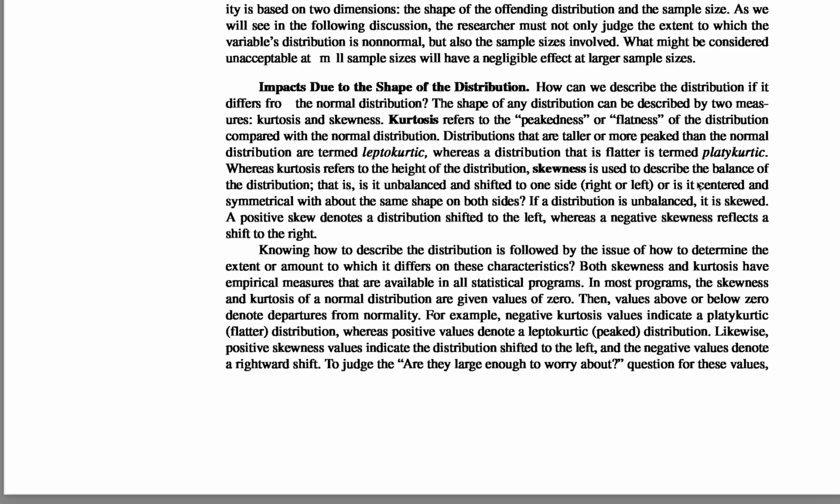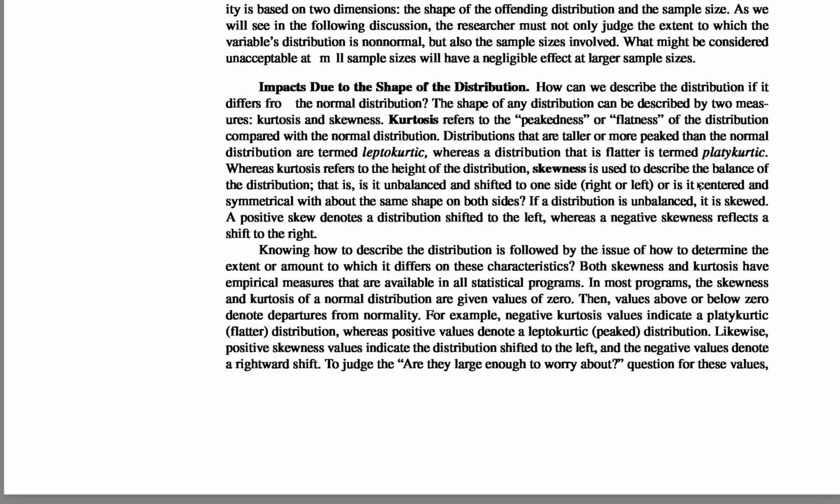How can we describe a distribution if it differs from the normal distribution? The shape of a distribution can be described by two measures: kurtosis and skewness. Kurtosis refers to the peakedness or flatness of the distribution compared with the normal distribution. Distributions that are taller or more peaked than the normal distribution are termed leptokurtic, whereas a distribution that is flatter is termed platykurtic. Kurtosis refers to the height of the distribution.